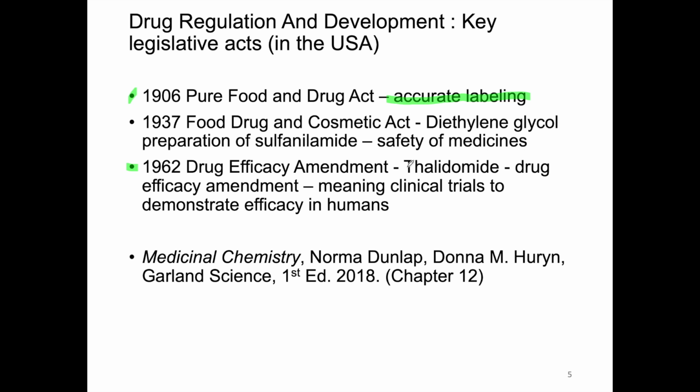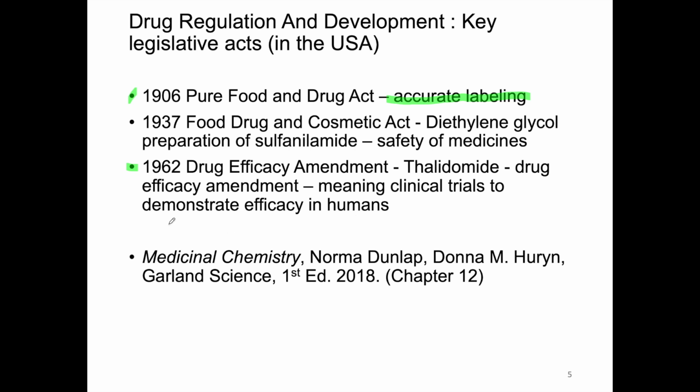And obviously she was vindicated by her stance based on the data that she was able to demonstrate to people. And so as a result of those thalidomide tragedies in Europe, the Drug Efficacy Amendment was brought in, meaning that human drugs had to be subject to human clinical trials.